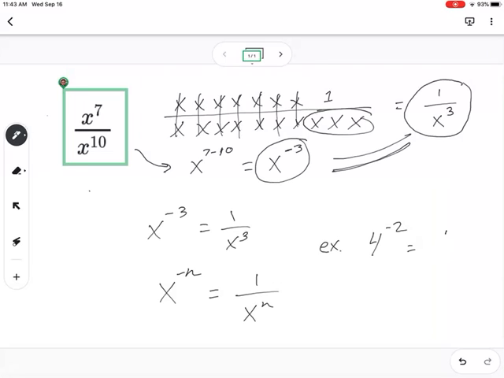What it means is you flip it over and say 1 over 4 to the positive 2 power. Those things are equivalent. It's okay to have negative exponents as you're working through the solution to a problem, but you want to leave it in a form in which all exponents are positive in your final answer.